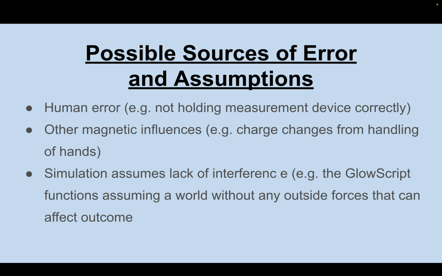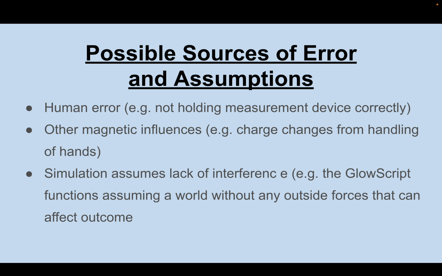So before moving forward, it's important to discuss any possible sources of error in calculations, as well as some assumptions that were included before starting the lab. The first error is human error, which could be things like perhaps I didn't hold the measurement devices 100% correctly when performing the experiments. There's also the error potentially of magnetic influences, such as the magnetism being skewed a different way, or perhaps the charge of the magnet being changed when handling it with human hands.